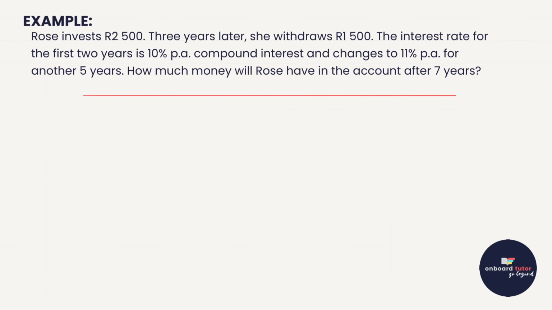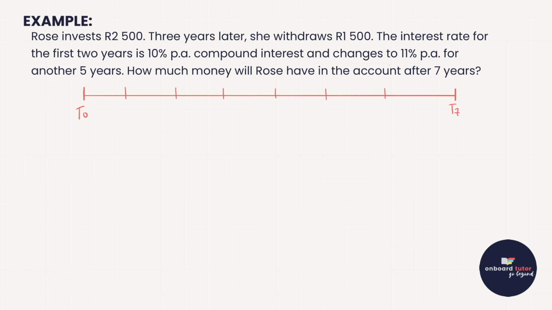And then what I like to do is ask, how long did this person invest for? They're saying after 7 years. The day that she invests is going to be 0, and then at the end, 7. So what you can do is fill in 1, 2, 3, 4, 5, 6 years in between, and that just helps to guide us.